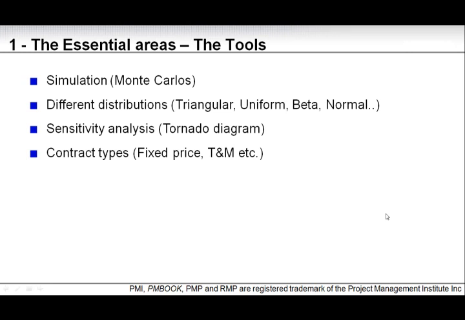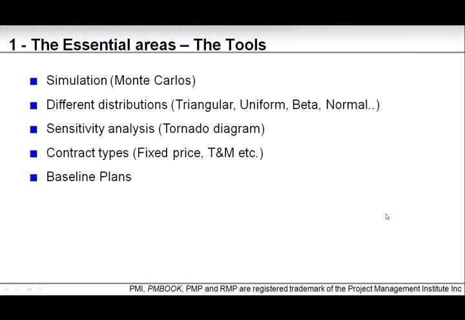Contract types. A lot of risk is associated with your contracts with subcontractors or even with your customer. So you need to know what the different types of contracts are and what the risks associated with each type are. Is it the customer or the vendor who has the majority of the risk? Baseline plans. You will be asked questions that link back to your schedule or to your project plan.